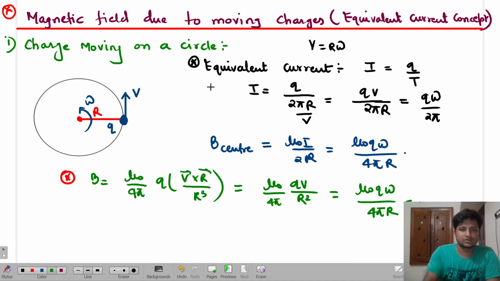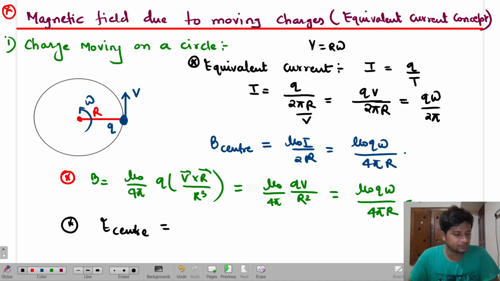Now look over here. Let's talk about the electric field at the center. What is the electric field at the center? Tell me. Is the center O at the same distance r from the charge?